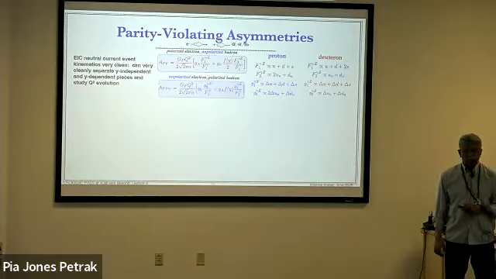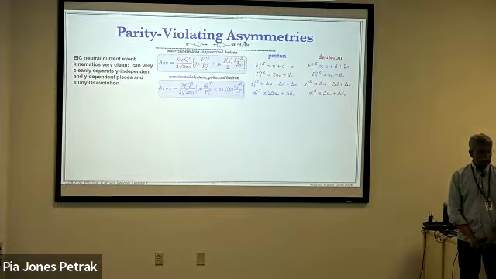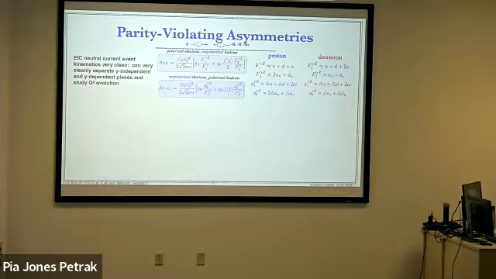It's U plus 1/4 D plus 1/4 S. Why is it 1/4? Because the charge of the D quark and the S quark is half the charge of the U quark, right? The electromagnetic charge. But the weak charges of U, D, and S are approximately the same. Therefore, you get U plus D plus S instead of U plus 1/4 D plus 1/4 S. So you've got a different linear combination of PDFs compared to ordinary F1 gamma.